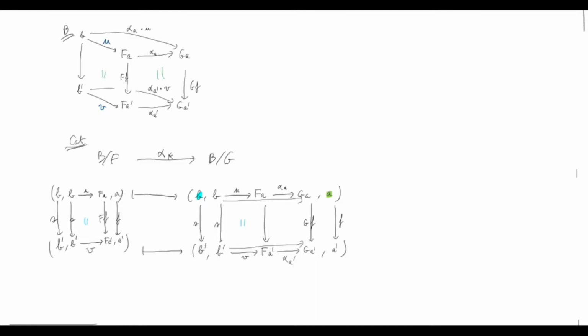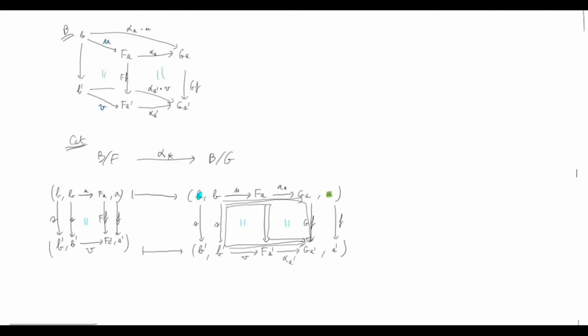And it does commute because the first square commutes by definition of the morphism in B over F, and the second one commutes because alpha is a natural transformation. So both squares commute, which means it doesn't matter which path we choose going from B to G A prime, they all denote the same morphism.